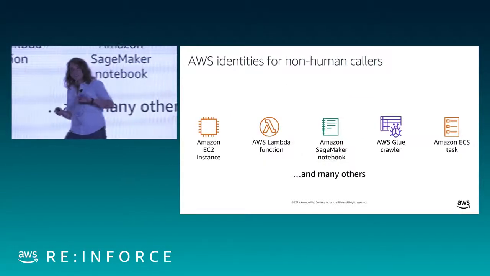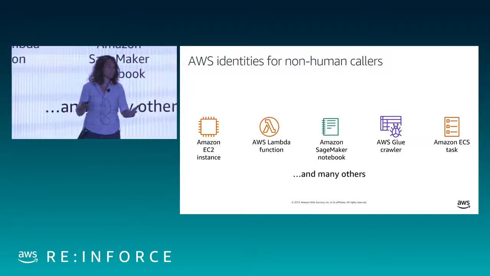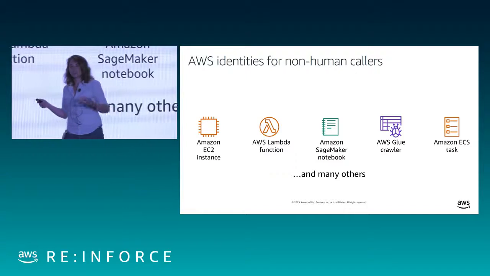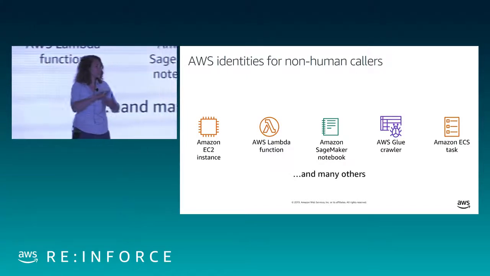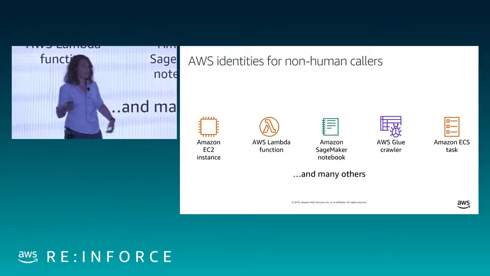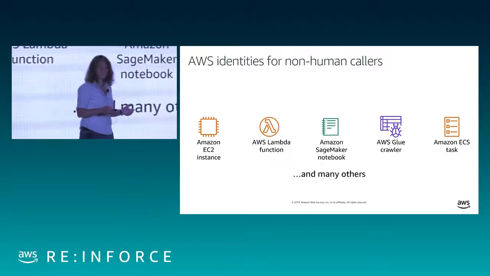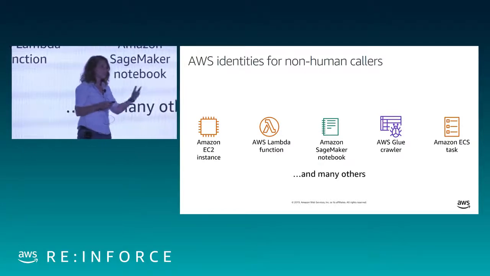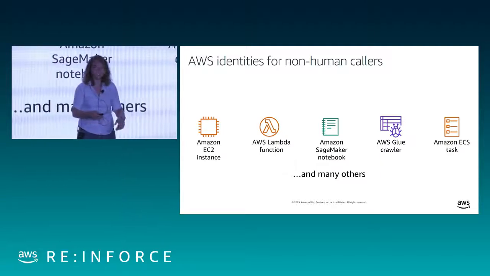And then there are also IAM roles for, I just put 5 things up here, but a large number of AWS services, especially our various compute environments, EC2, Lambda, ECS, a whole lot of others, can themselves have IAM identities. Because if you think about it, you're running a serverless application on Lambda, or an application on EC2 instances.